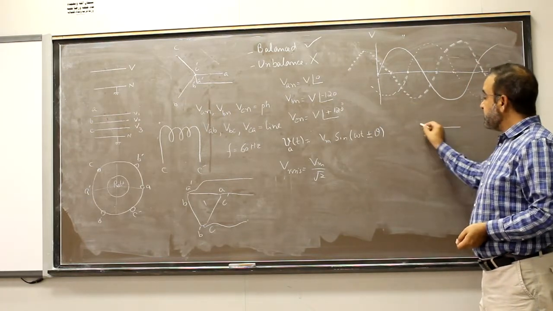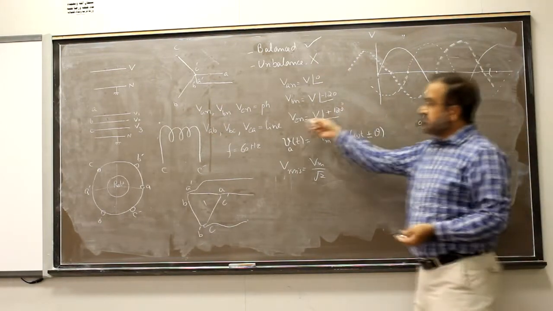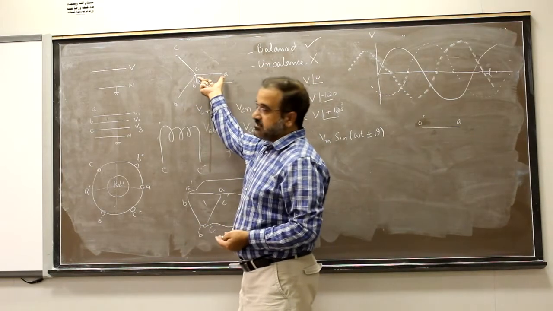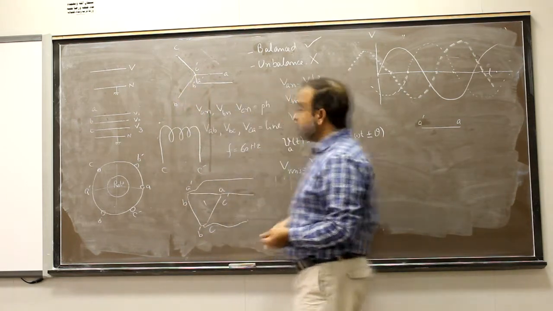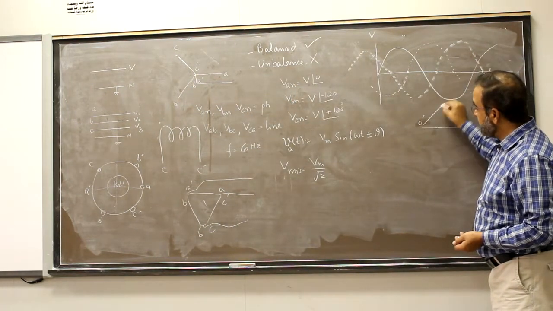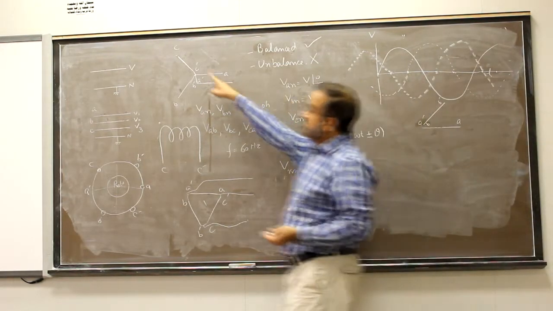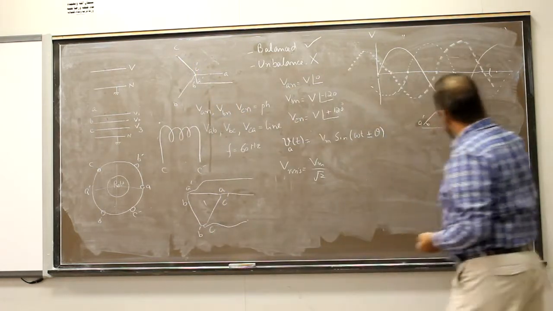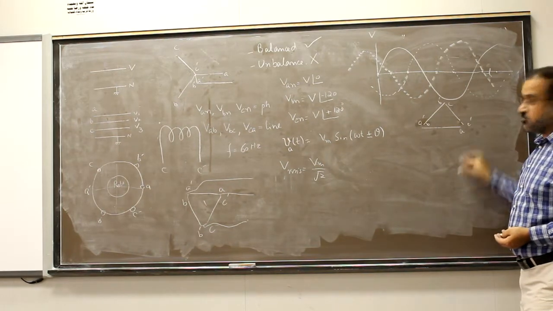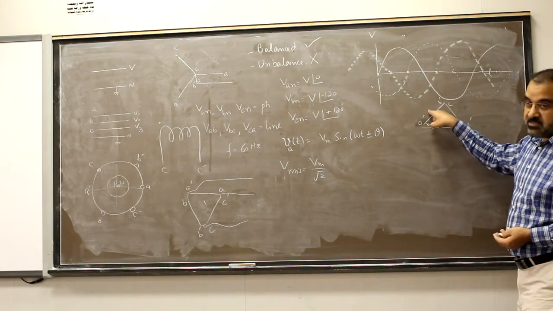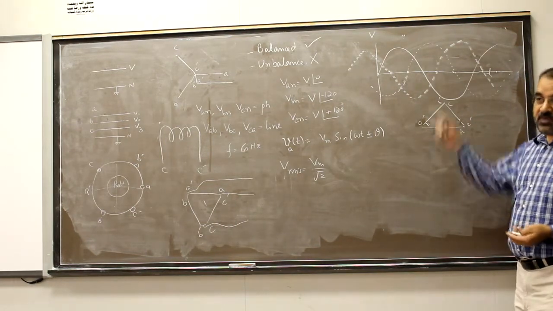If this is A dash, this voltage, then there is B dash. So if I add here B and B dash, and then there is C and C dash, and add them together, this plus this plus this, the net vector is how much? 0 from the vector addition.